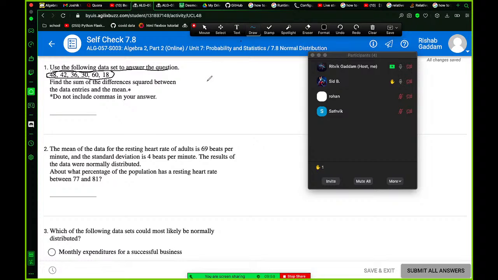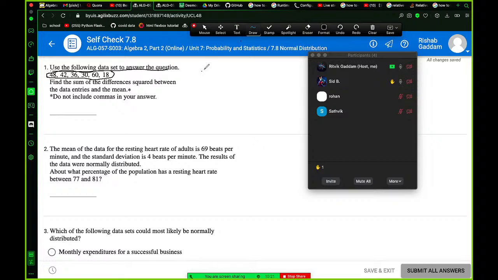Okay, so first find the mean. 48 plus 42 plus 36 plus 30 plus 60 plus 18. And that is divided by 2. Wait, why was it divided by 2? It should be divided by 6, remember?